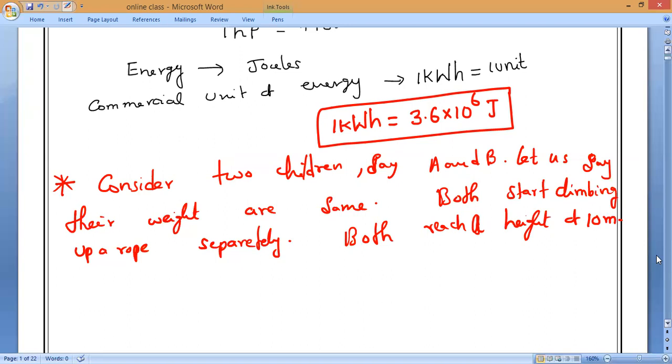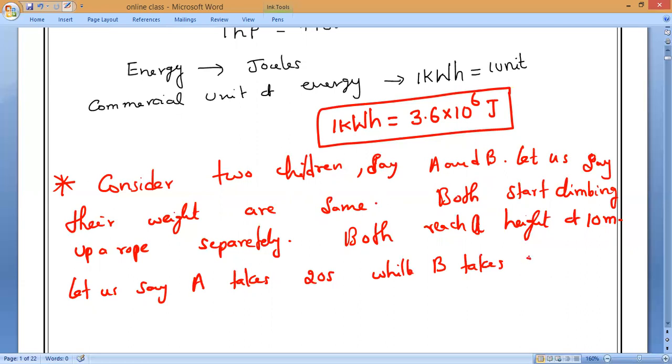Let us say A takes 20 seconds while B takes 25 seconds to accomplish the task.